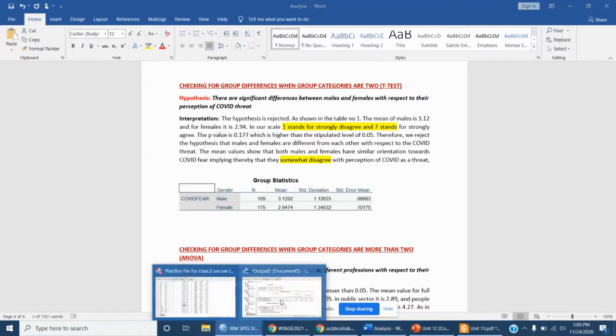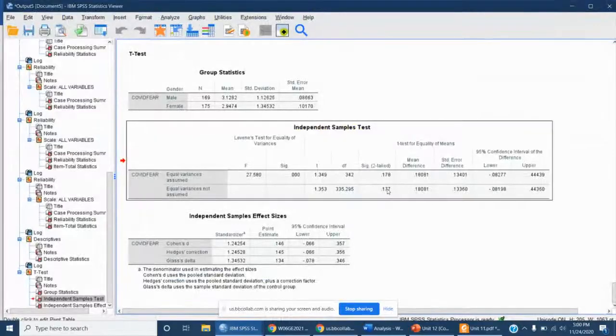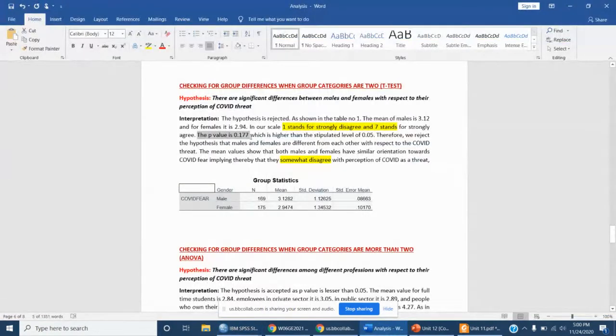We already discussed this. The second value in the significant two-tailed test is the probability value, the p-value 0.177. So the p-value is 0.177, which is higher than the stipulated level of 0.05. Therefore, we reject the hypothesis that males and females are different from each other with respect to the COVID threat.